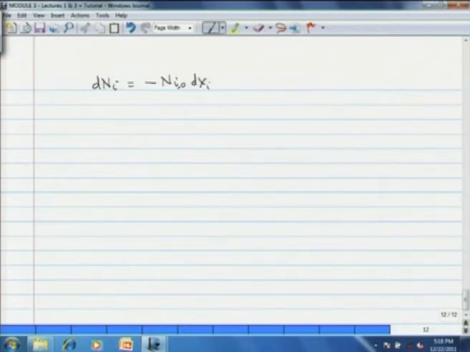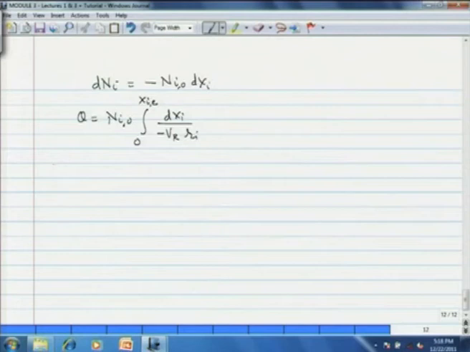So, after substituting this for dNi in the previous expression, the batch time theta is Ni naught integral dXi divided by minus Vr into Ri, where conversion goes from 0 to Xie, where Xie is the conversion at the exit of the reactor.